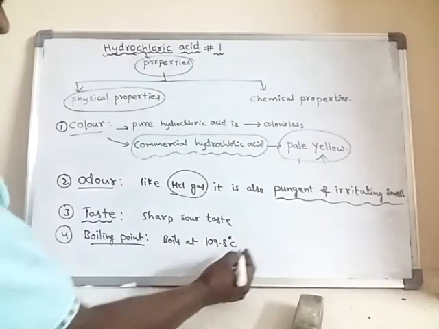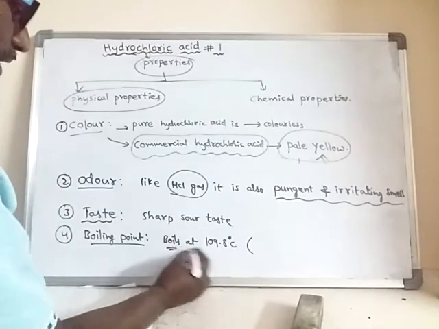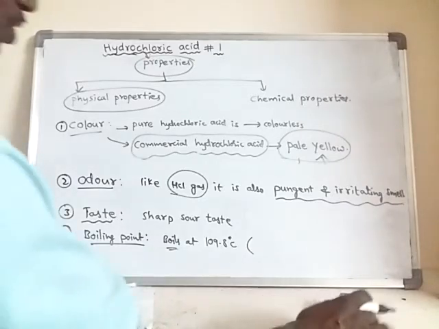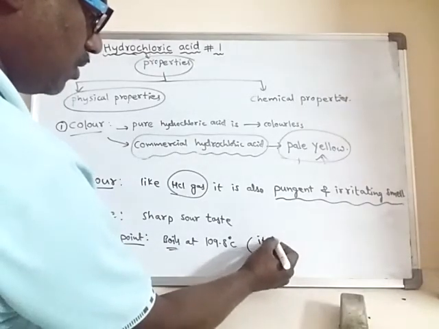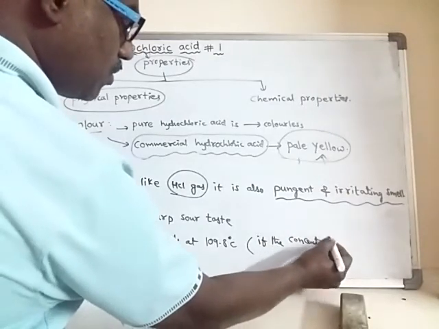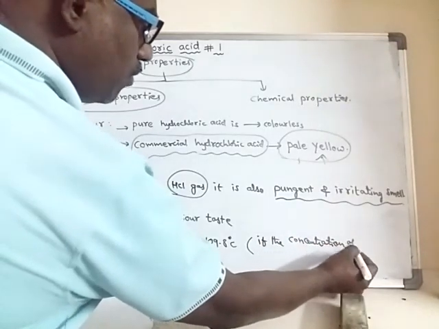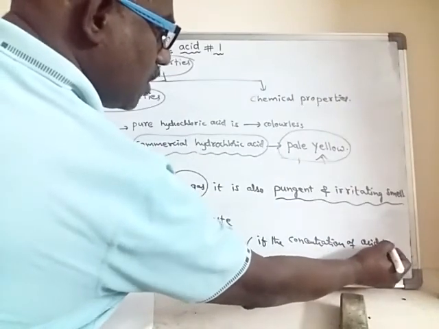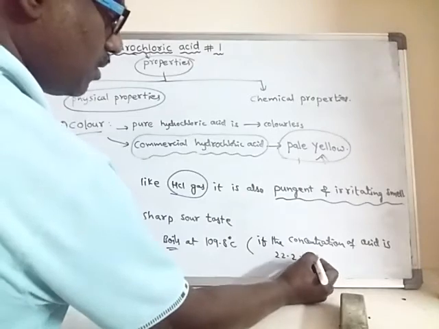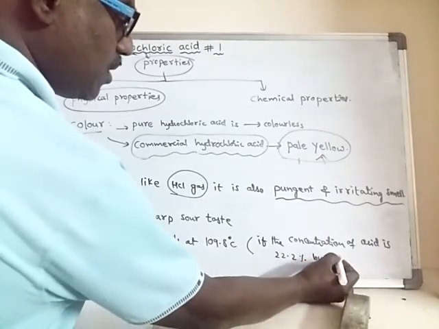It boils at 109.8 degrees centigrade when the concentration of the acid is 22.2% by weight.